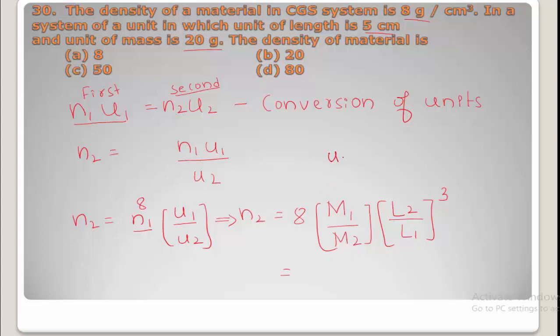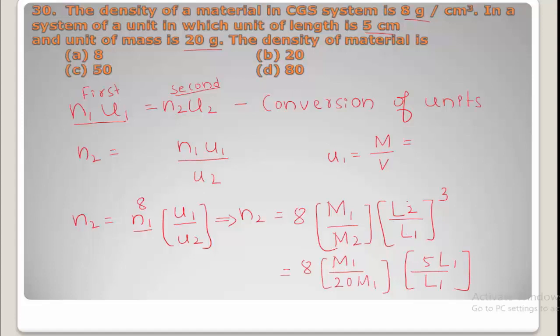This U1 is nothing but mass by volume. Now simplify the terms. In M1 the value is as it is. M2 means mass is increased by 20 times the M1. So the M2 value becomes 20 M1 and L2 is increased by 5 times of L1.